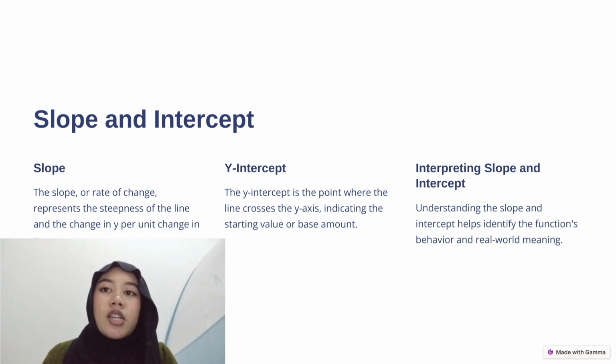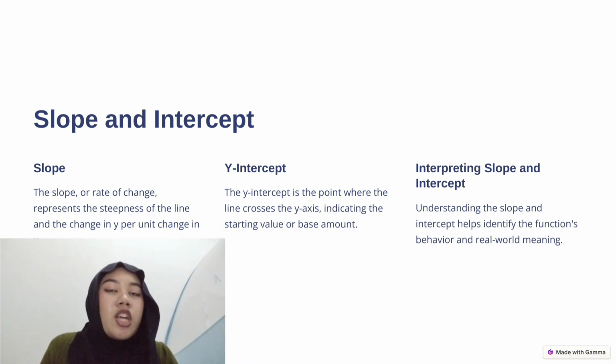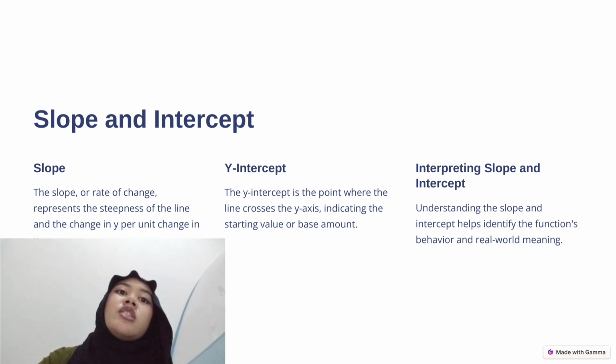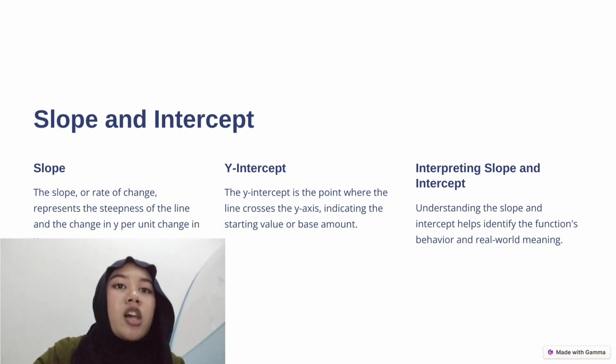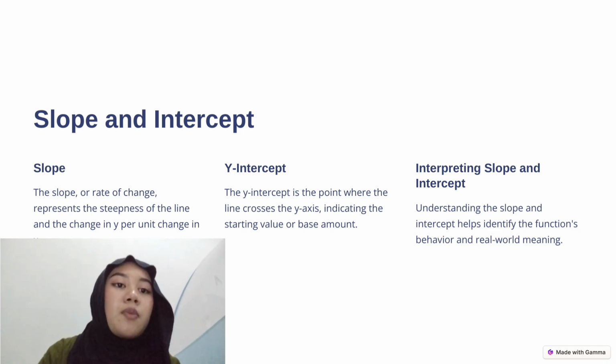Y-intercept: the y-intercept is the point where the line crosses the y-axis, indicating the starting value or base amount. Interpreting slope and intercept: understanding the slope and intercept helps identify the function's behavior and real-world meaning.